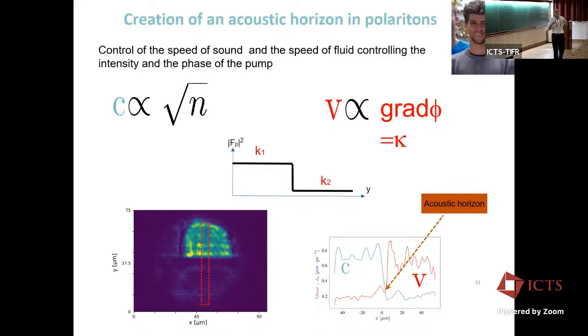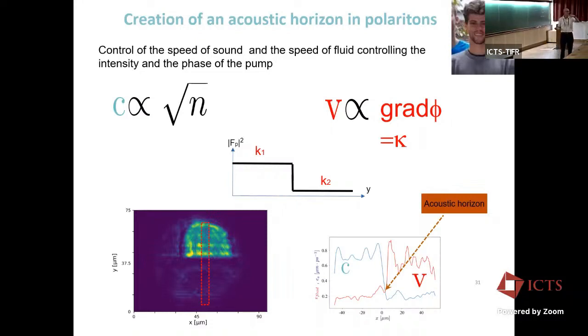To create a horizon is possible in polaritons because we have a very precise control of the speed of sound and the speed of the fluid. The speed of sound is controlled via the intensity of the laser, because the intensity of the laser controls the density of polaritons, and the speed of sound is proportional to the square root of the polariton density.